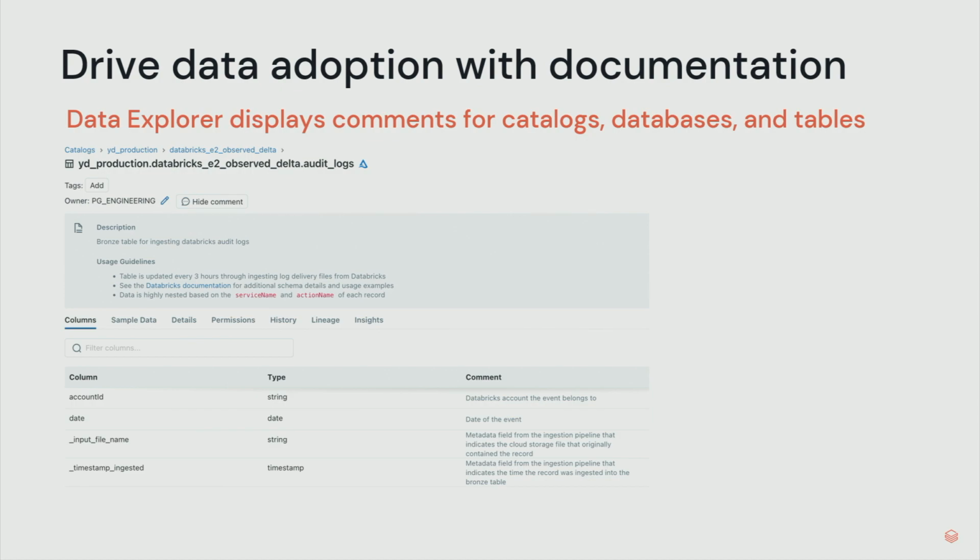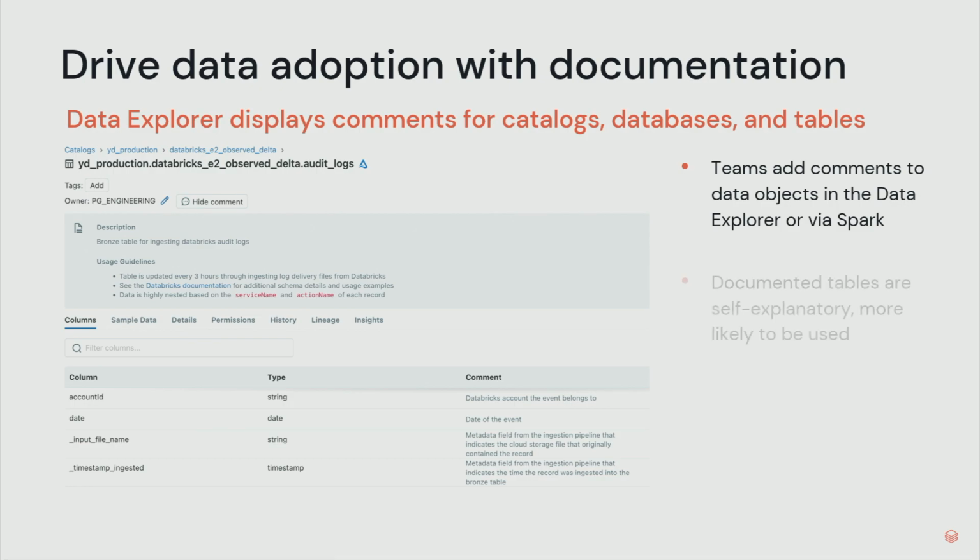You don't have to ask or shoulder tap anyone else to know what tables you can use. What we have been pushing teams to do is actually commenting or documenting those tables in Unity. So you can essentially say within Unity Catalog, descriptions for your tables and also field level descriptions. And you can annotate that all directly in the Data Explorer, but you can use Spark too.